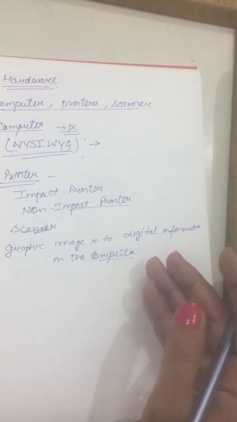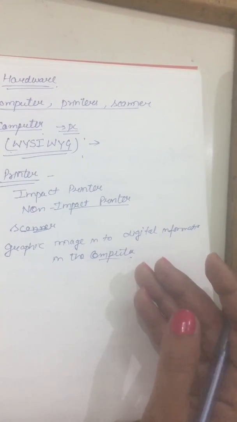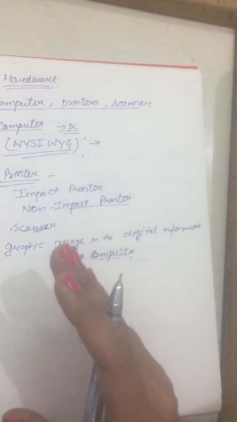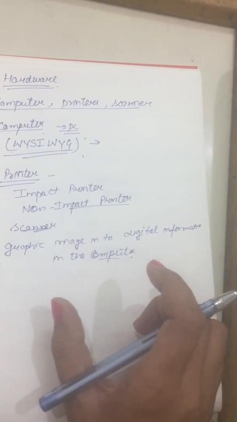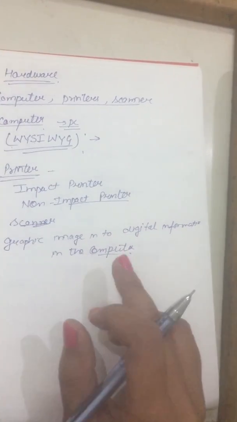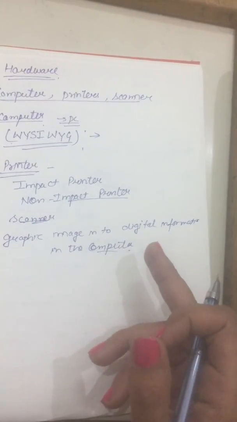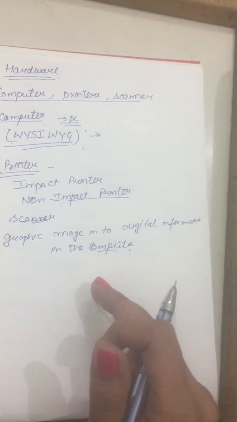The image may be a photograph or a line art with text which has been drawn or created outside the computer. Through scanning, these images can be manipulated in several ways and stored in the computer memory.